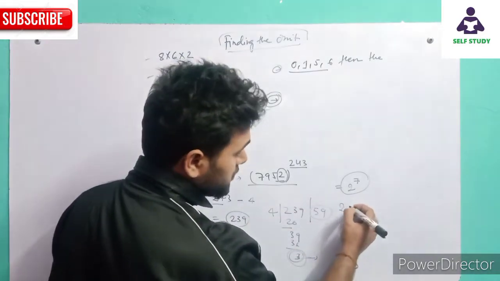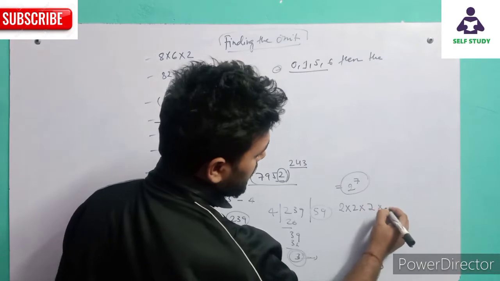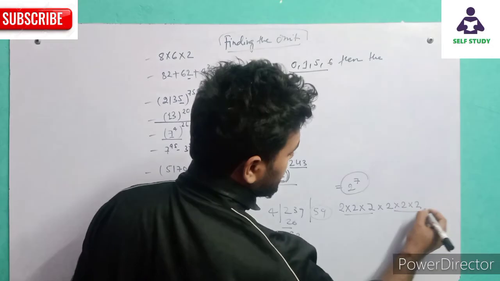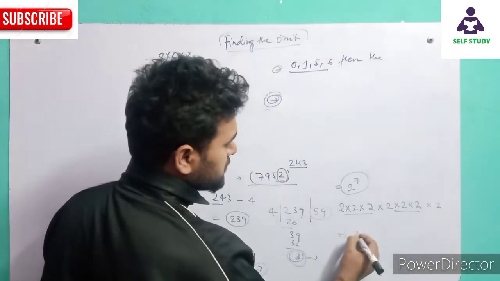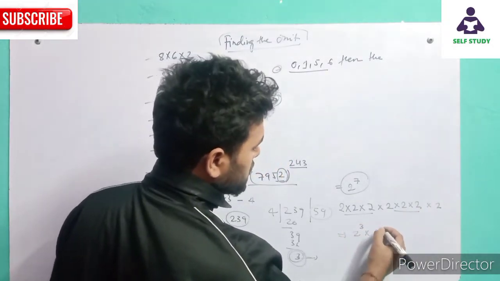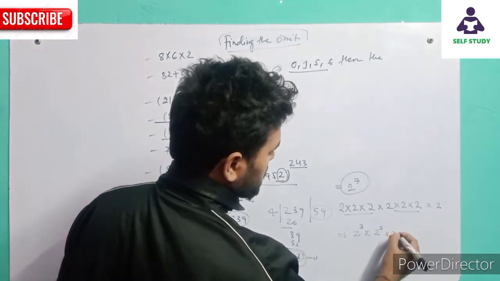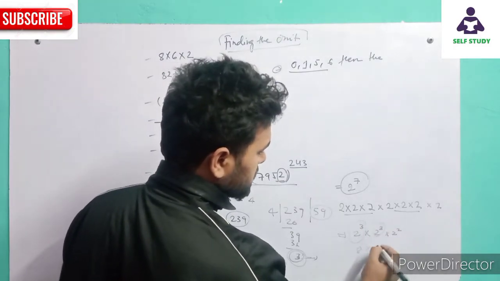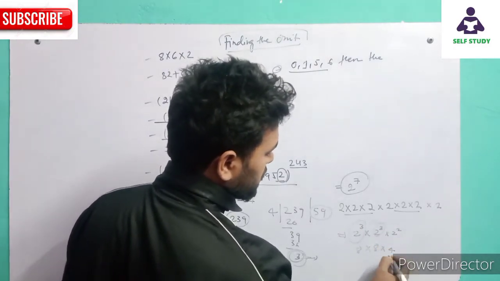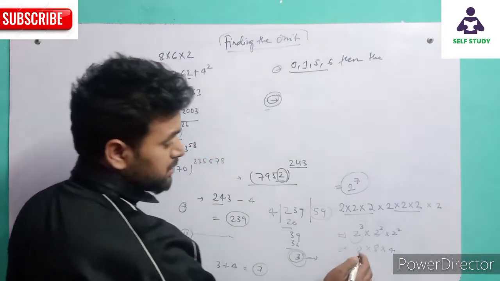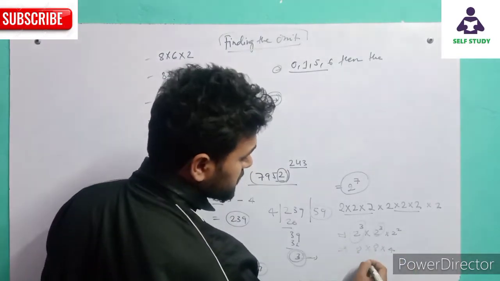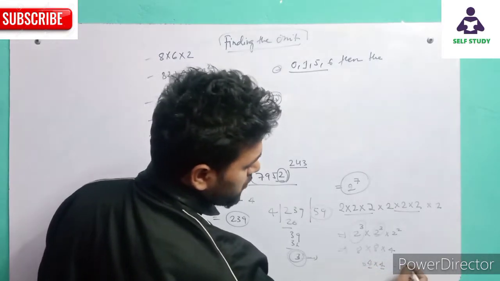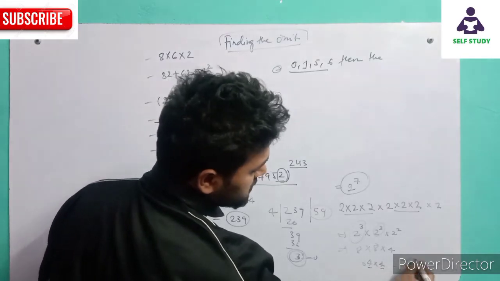We can write 2 seven times, and you know very well 8 and 4. Multiply 8 and 4, 64, into 4, and finally we get 4 into 4, that is 16. The unit digit is 6.